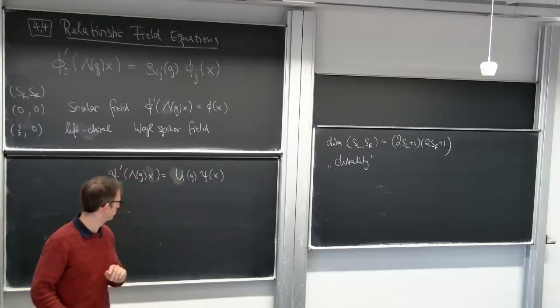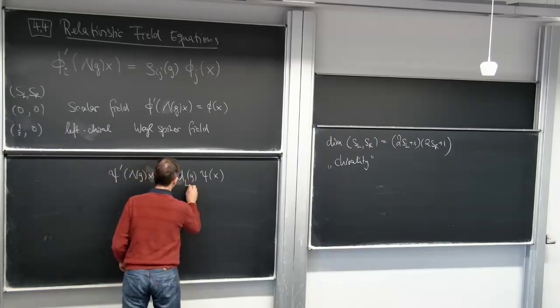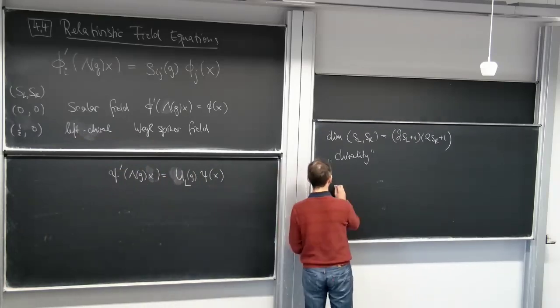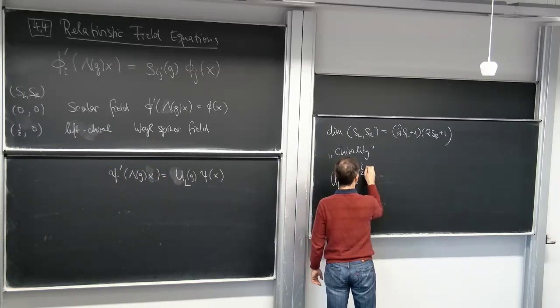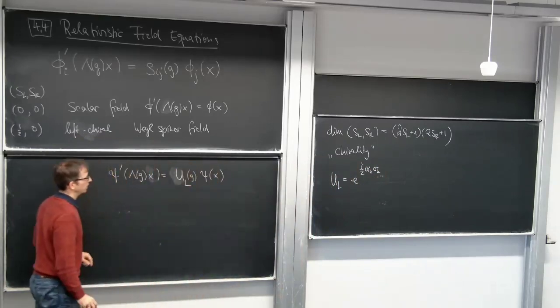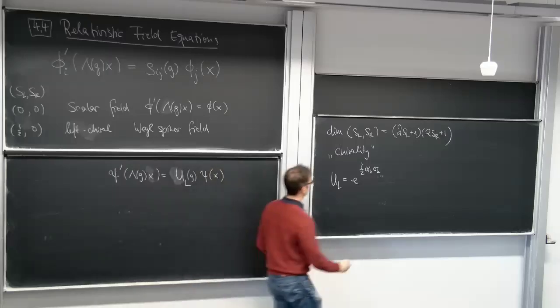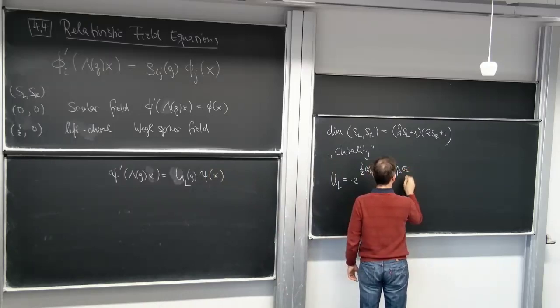It's something that transforms under a certain representation that we call UL. Somewhere I'm going to write what UL is here. Here's my notes. UL is e to the i 1/2 angles for the rotations with the rotation generators, sigma k half, the spin matrices, and then plus 1/2 the boost angles or rapidities times those generators.